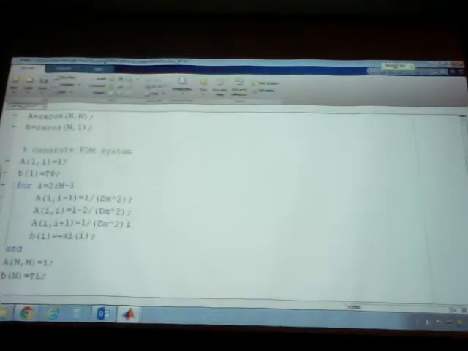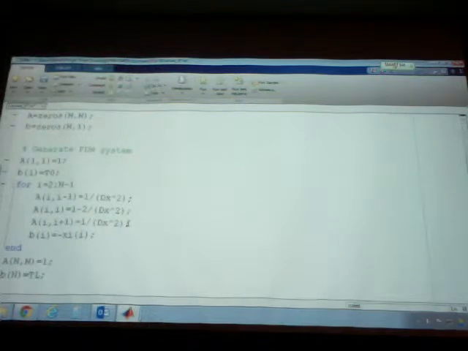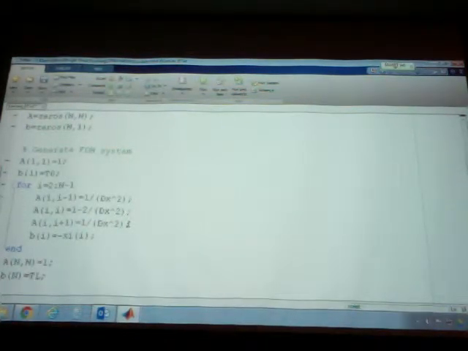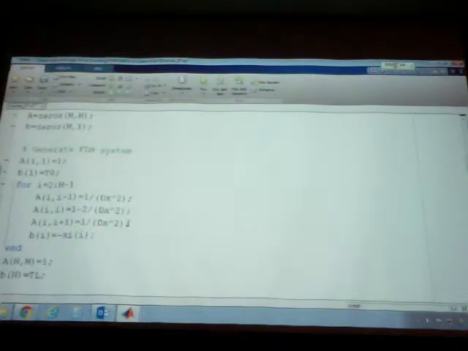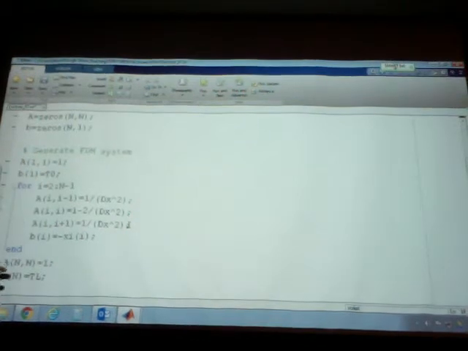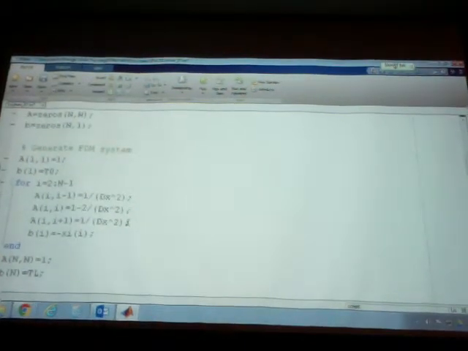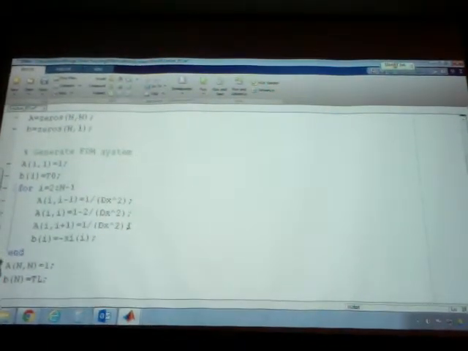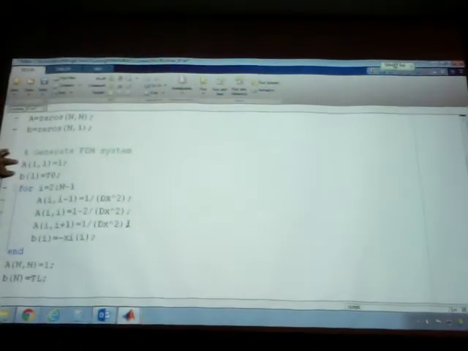Same thing we did. That's the boundary condition saying the temperature at the end point is going to be TL. And this is the boundary condition saying the temperature at the first point is equal to T0. Now, your boundary condition here is going to look the same for the project. It's going to look identical, but your boundary condition here will look completely different because you have a flux. Okay?